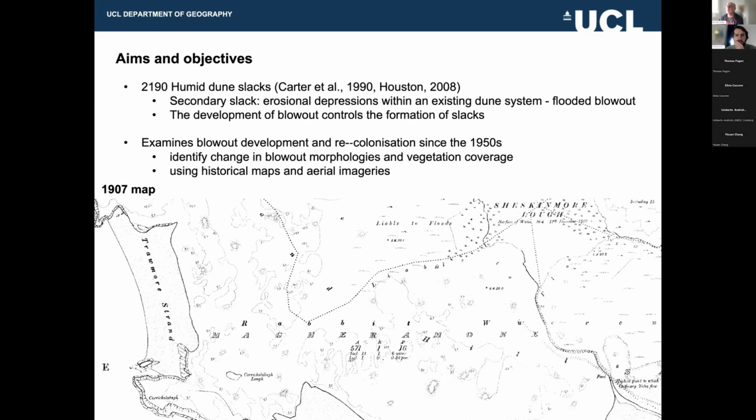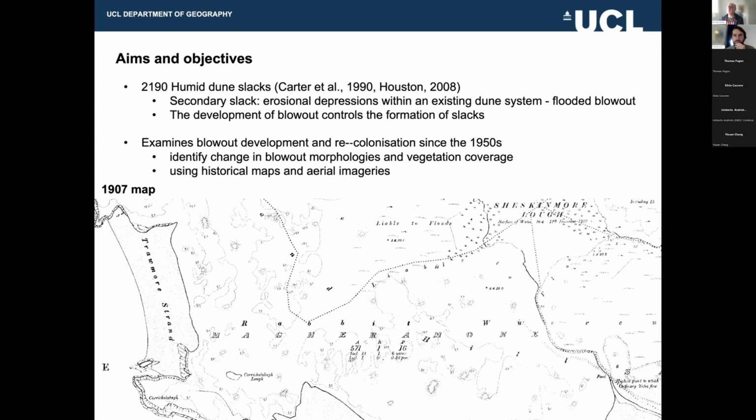To understand how those hydrological features evolved, I first need to understand the geomorphological history behind it. But limited by the data availability of this site, the study examines blowout development and reclamation only since the 1950s, by identifying the change in morphology and vegetation coverage, mainly using historical aerial images.